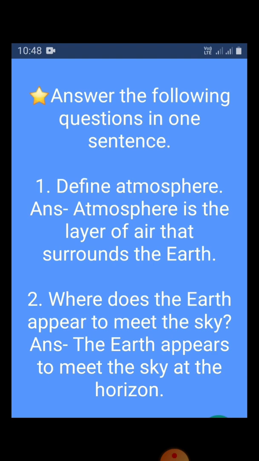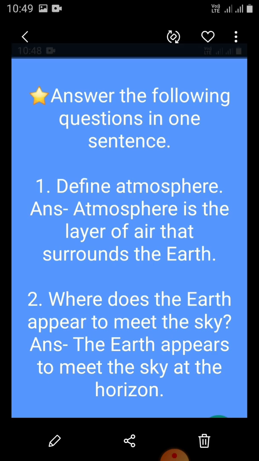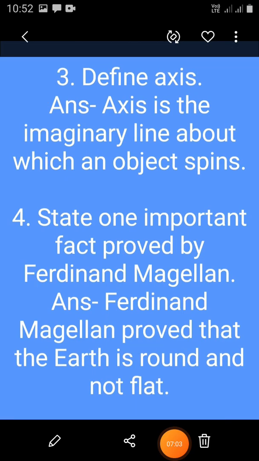This is known as the horizon. Next question. Define axis. Answer: axis is the imaginary line about which an object spins.